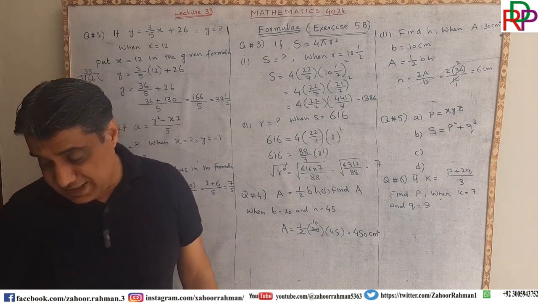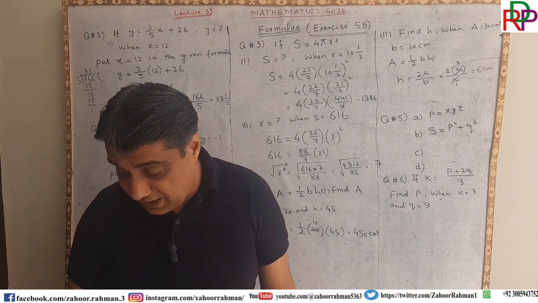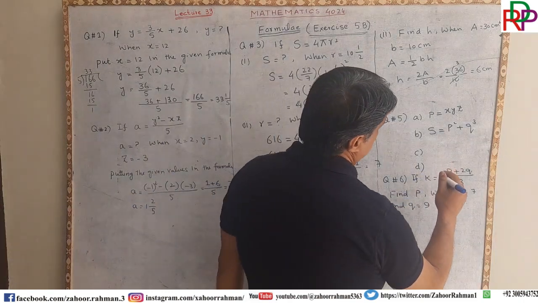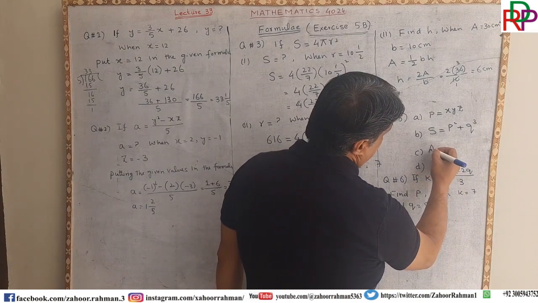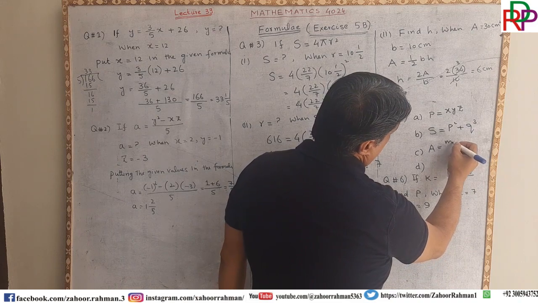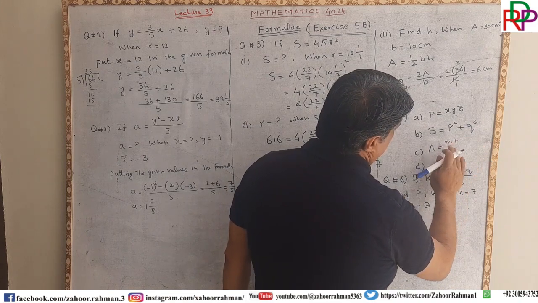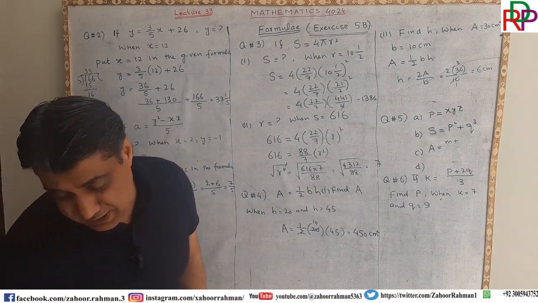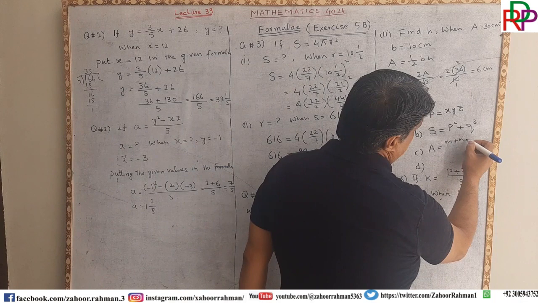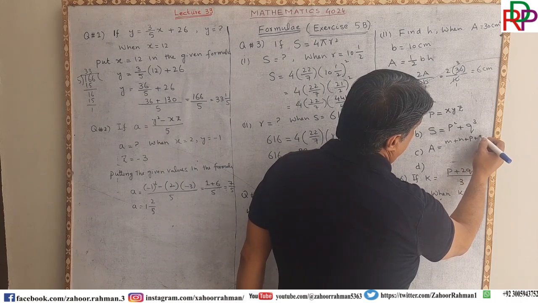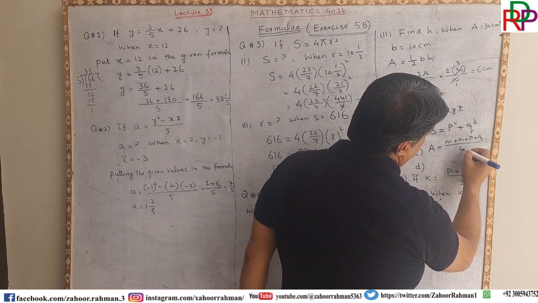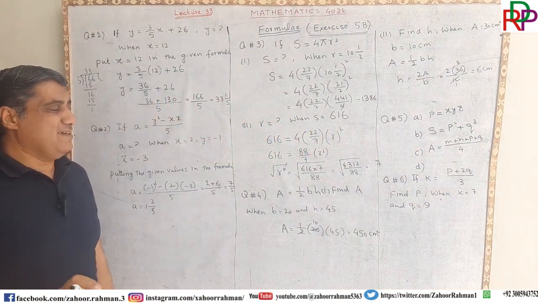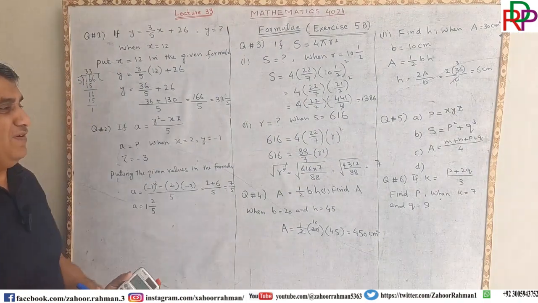Now C part is saying average A of four numbers M, N, P and Q. Average A of four numbers. We will discuss M, N, P, Q. M plus N plus P plus Q divided by 4, and we will discuss this in the 7-something chapter in which we will find the average.